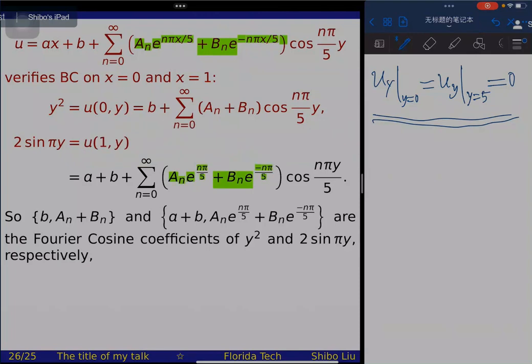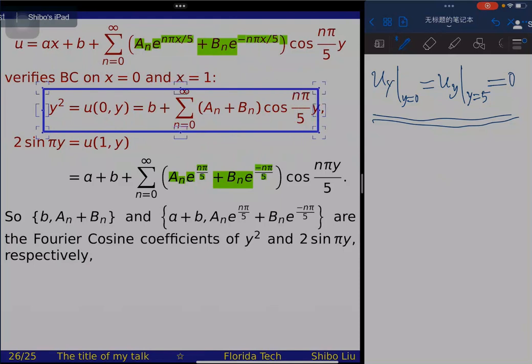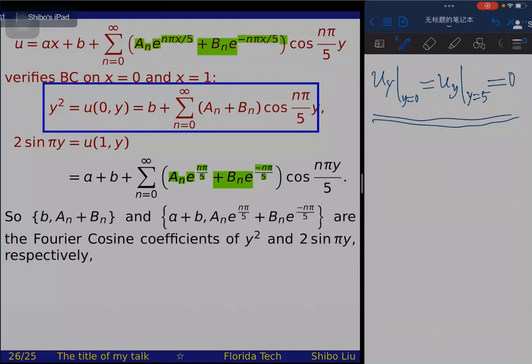So we see that the coefficients here, for the expansion of u squared, can be considered as the Fourier cosine series for y squared. So y squared is a function defined on 0 to 5, that is y squared.